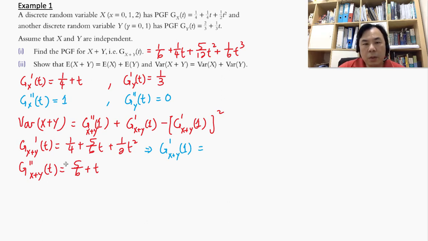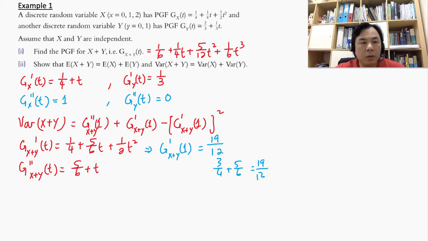Let me see what we have here. 3 over 4 plus 5 over 6 there. So this one will be a 12 then. 19 over 12 here.